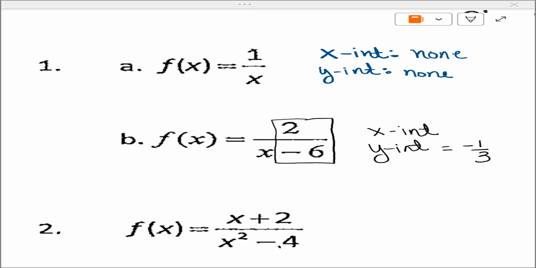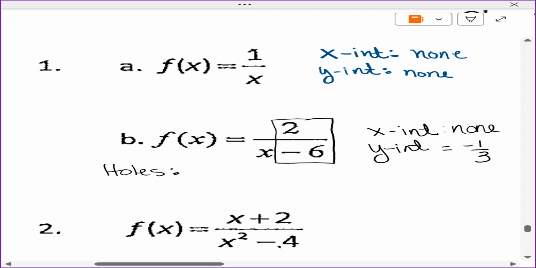Okay. Where does it cross the x-axis? Does it ever? It doesn't. It has a vertical asymptote there. So there's no x-intercept. What about holes? Well, remember, holes happen when you get a 0 in your denominator.